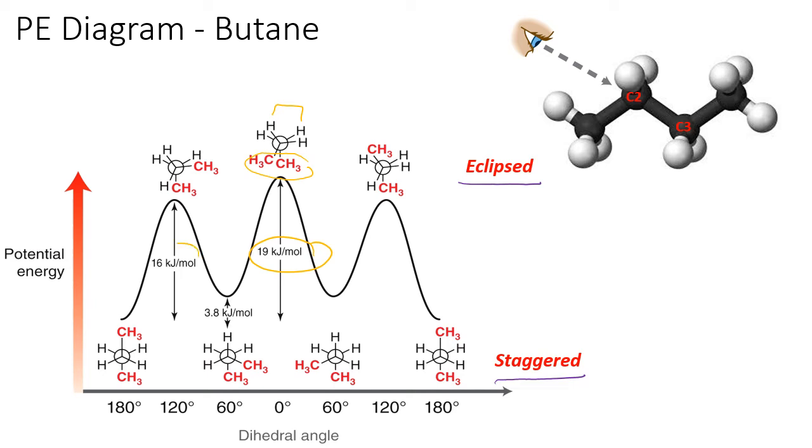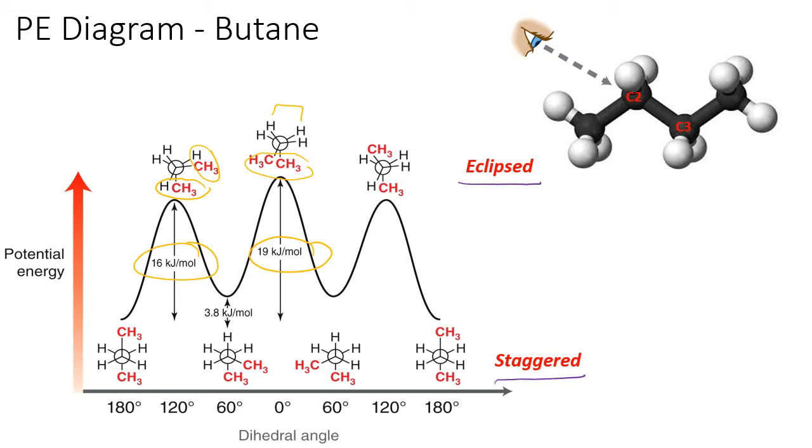Next to that, we have a conformation that we didn't draw on the previous page. It's an eclipsed conformation, but we have a hydrogen on top of a methyl and a hydrogen on top of a methyl. Those two are going to interact as well, just because methyl is much bulkier than some of the other things. That still creates an energy increase of 16 kilojoules per mole, just not as much as when the two methyl groups are on top of each other.